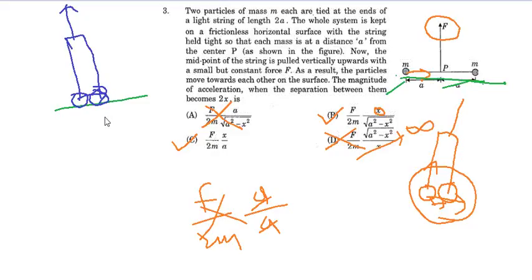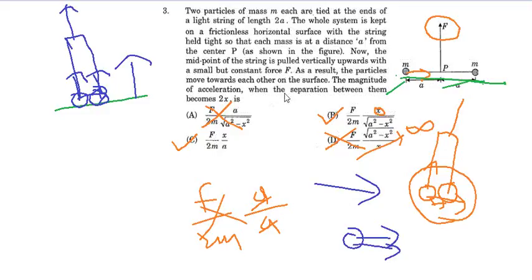In this direction it should be 0, but it is not moving right now. Don't confuse it with this scenario. In this scenario, the particle was moving in this direction, so the acceleration was also in this direction. But in this scenario, we have the force in this direction, so the acceleration must be in the vertical direction.